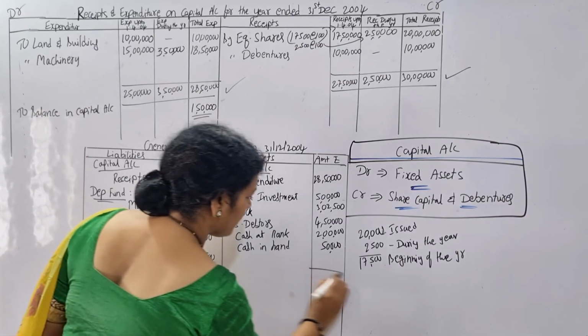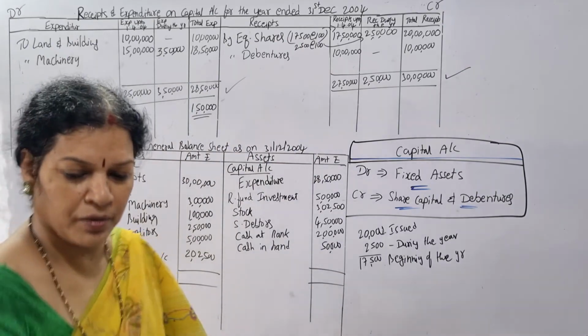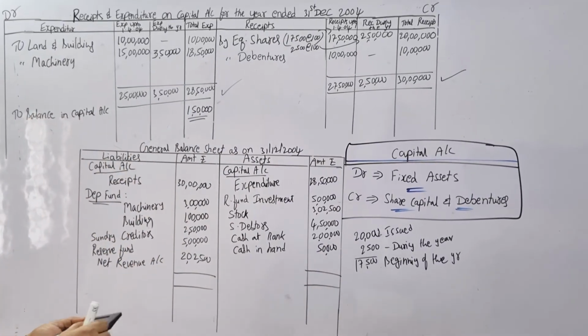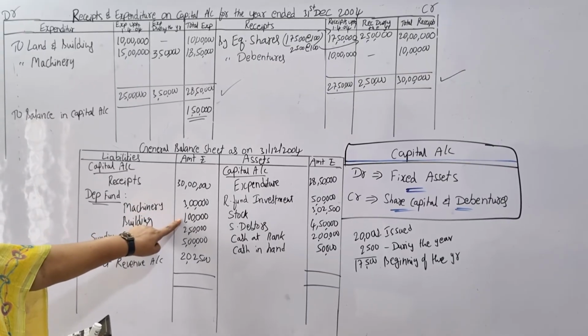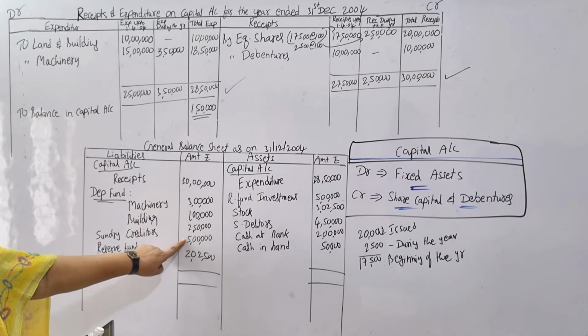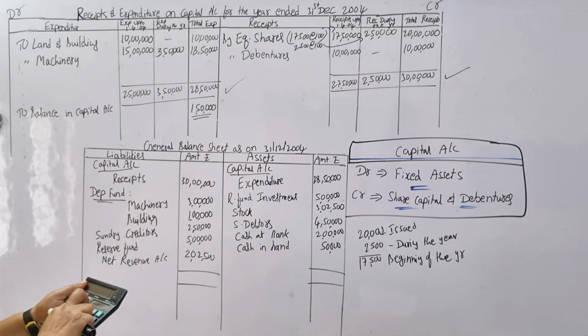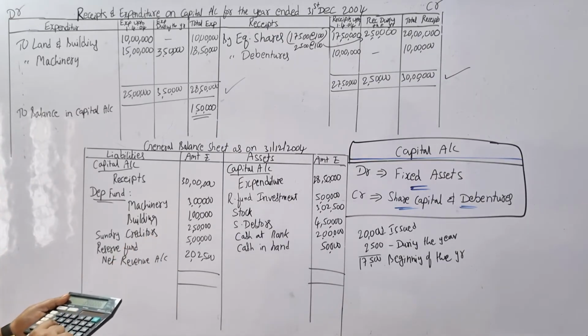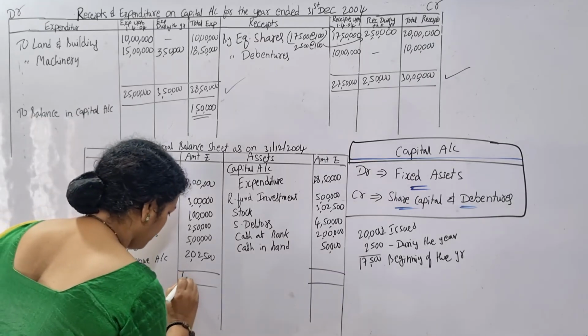Now total up. You should get both the sides equal. 30 lakh plus 3 lakh, 33 lakh, 34 lakh, 34 plus 5, 39 lakh. 39 lakh plus 2 lakh 50,000 plus 2 lakh 2,500, which comes to 43 lakh 52,500.